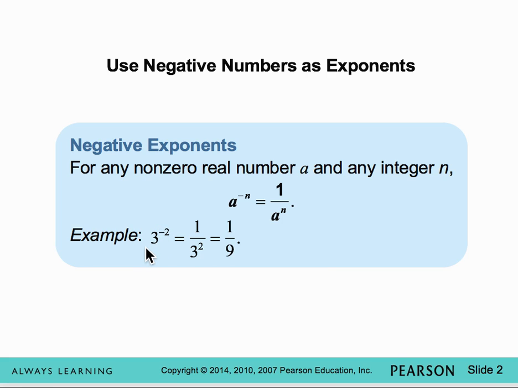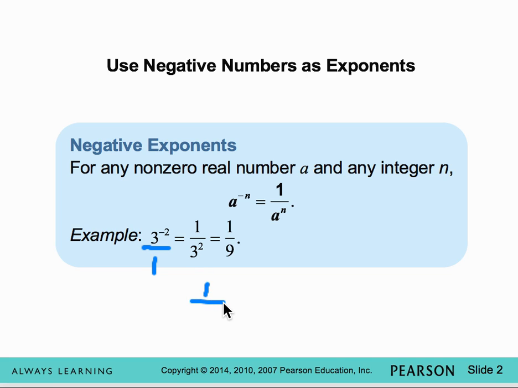So I want to think about a fraction. If I don't see the fraction, make it a fraction. And to make any negative exponent positive, you just change its place in the fraction. If it's in the numerator, I flip it to the denominator and it becomes positive.